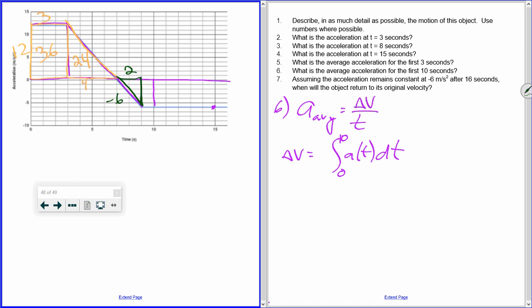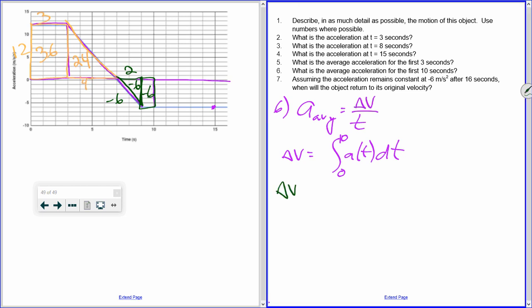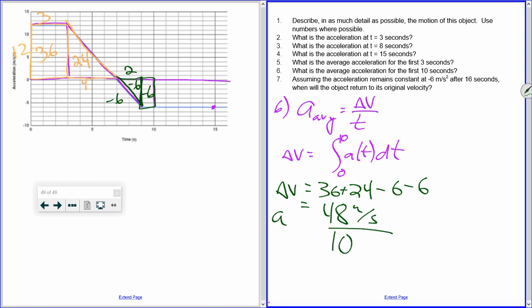So 2 times -6 is -12, but we want half of it, so -6. And then we've got this other little chunk here, which is 1 by -6, so also -6. So my change in velocity is 36 plus 24 minus 6 minus 6. So that's the same as 36 plus 12, so 48 meters a second in 10 seconds gives you 4.8 meters per second squared for an average acceleration.